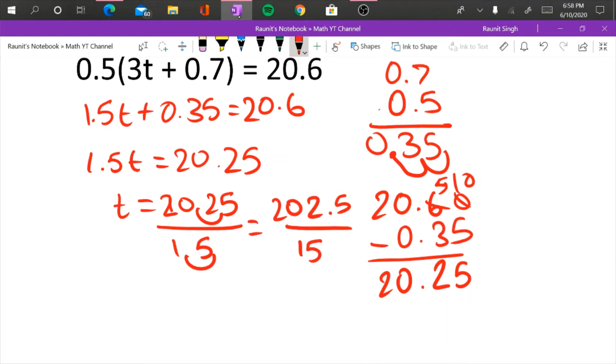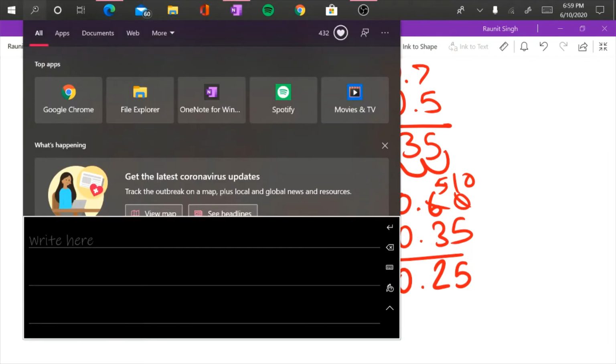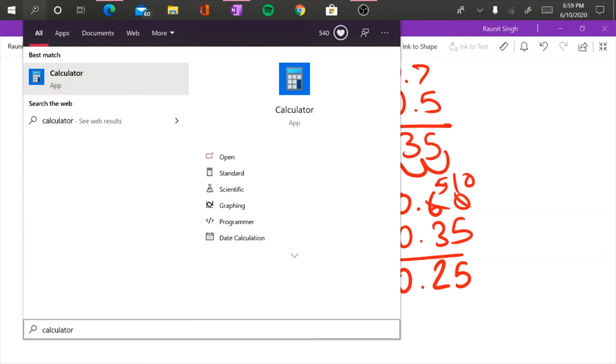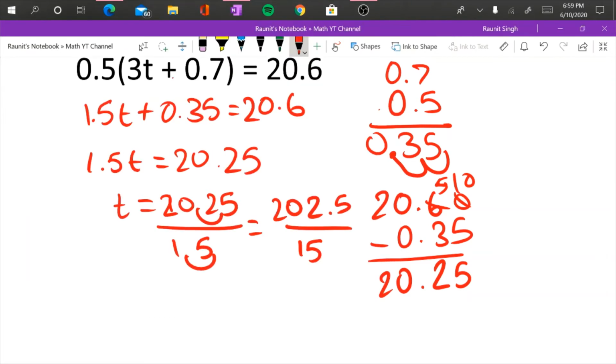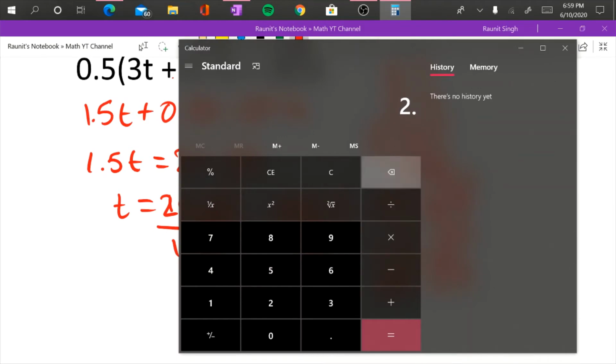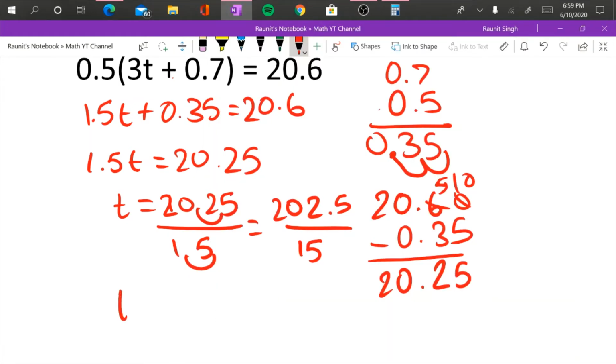I'm going to bring up the calculator for this one. So 202.5 divided by 15, and we get 13.5. So t is equal to 13.5.